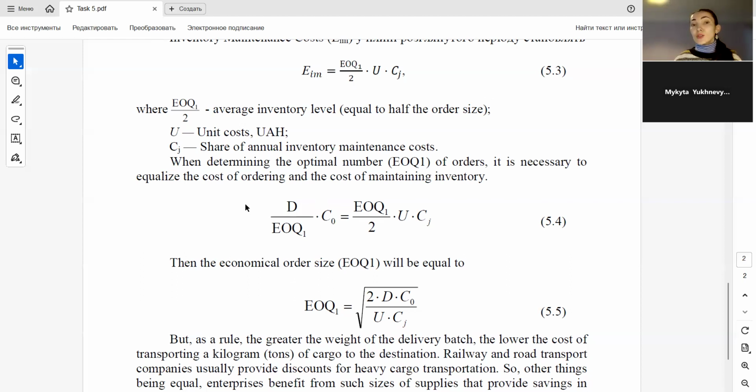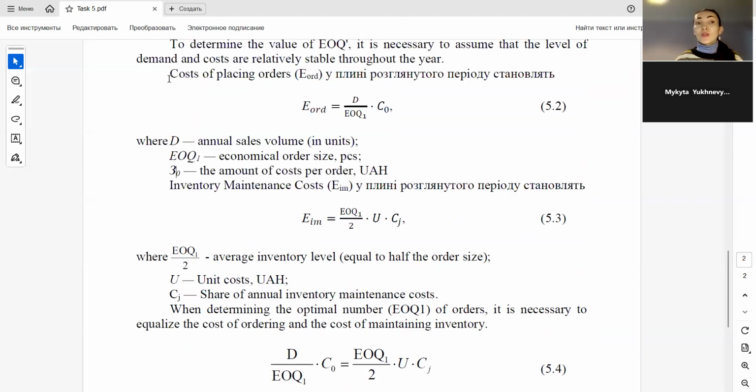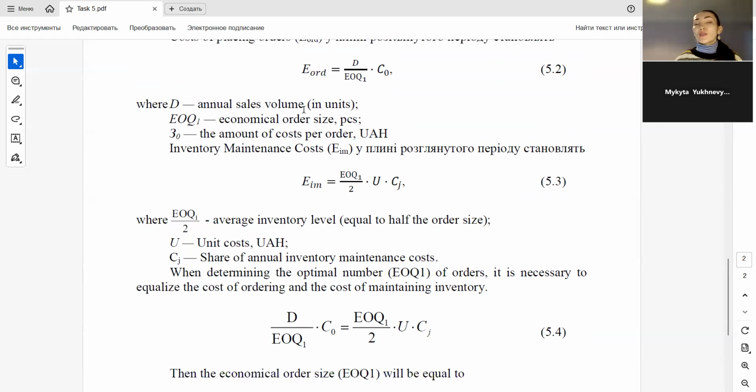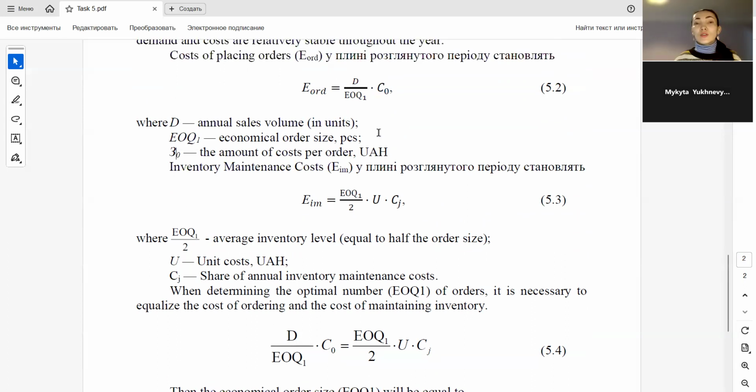So we calculated this payment E with index IM. And now we need to calculate the cost of placing orders. This formula 5.2. Please write E with index ORD1, because we also used different EOQ values, so 1, 2, and 3 will be. So ORD1 is equal to, and in our numerator we write our value of D. It is annual sales volume in units.